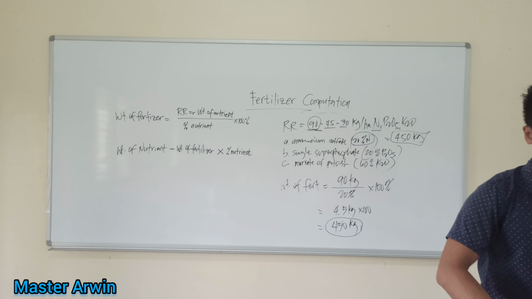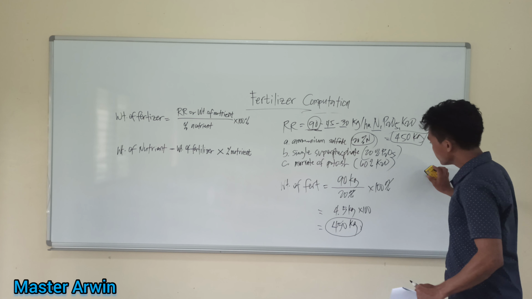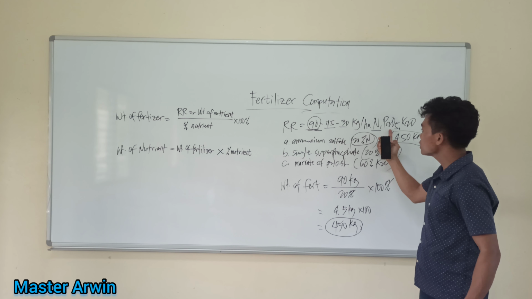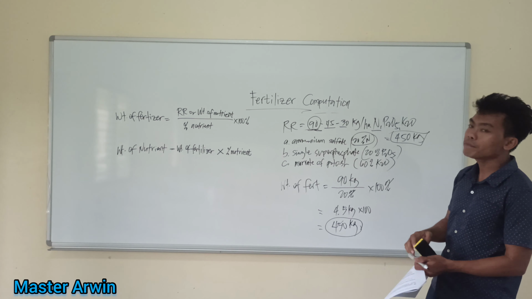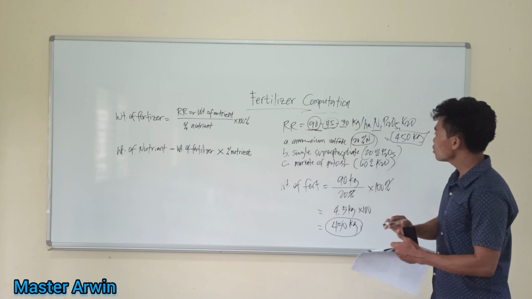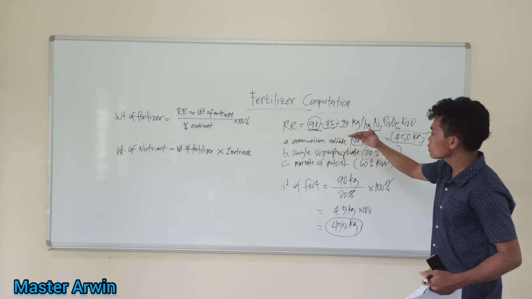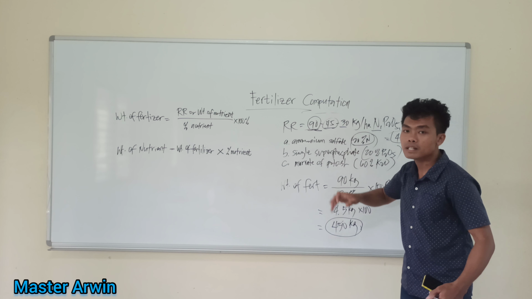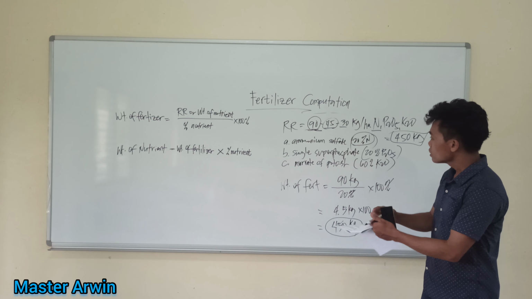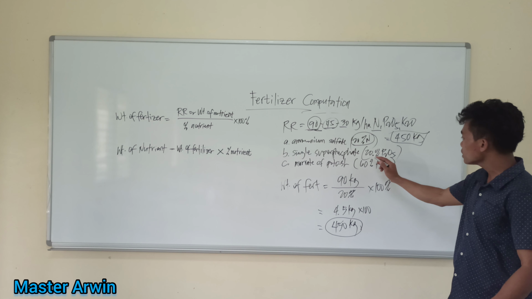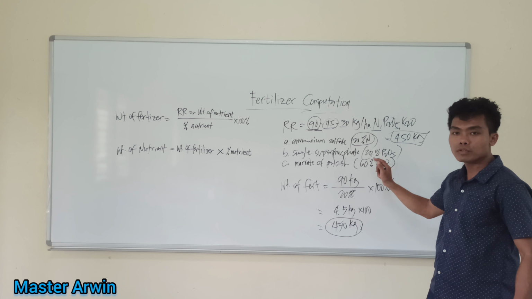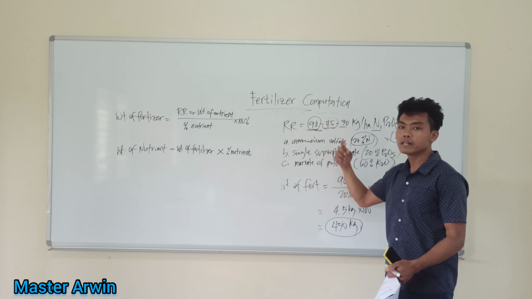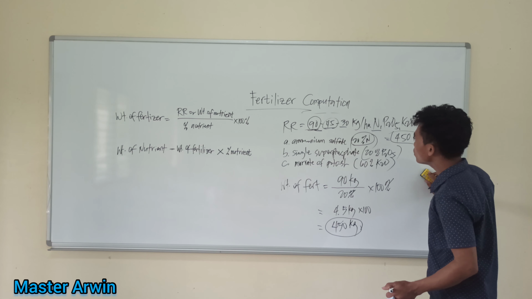Okay. So another, tapos na kita sa 90, which is the nitrogen. We will now proceed to phosphorus, which is 45. So, again, you will choose from the materials that has phosphorus to satisfy the needs of the phosphorus. So here we have single superphosphate having a 20% phosphorus. So we will use this to suffice the need of this 45 kilograms.